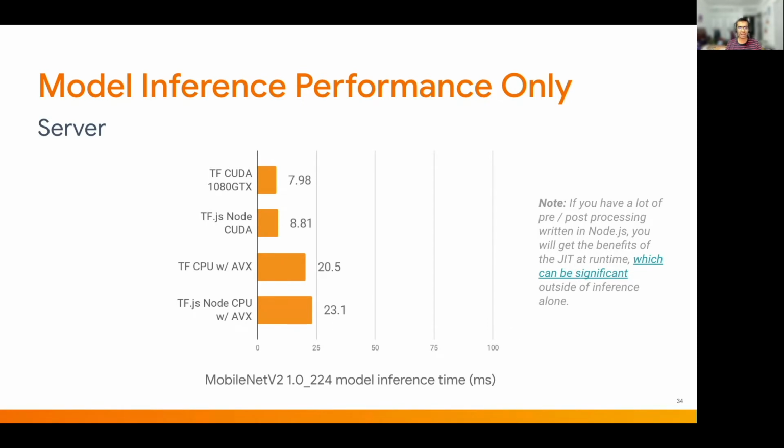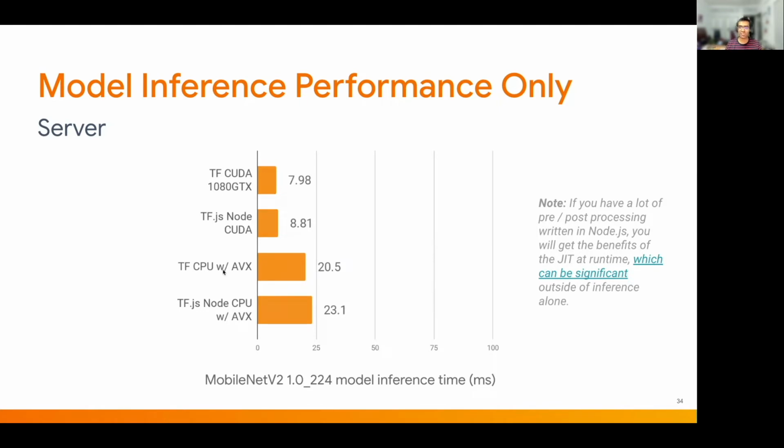And then if we compare just in terms of performance, here is an example of MobileNet, which is used for image classification. In terms of how much time it takes to execute the models, you can see that TensorFlow.js has better or very comparable performance with your traditional Python-based machine learning models.